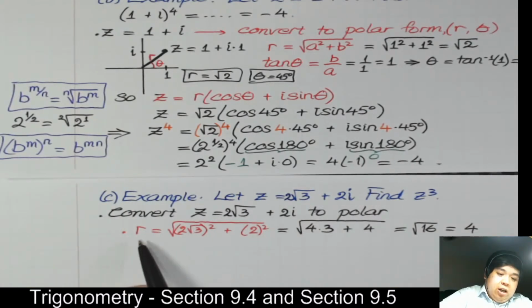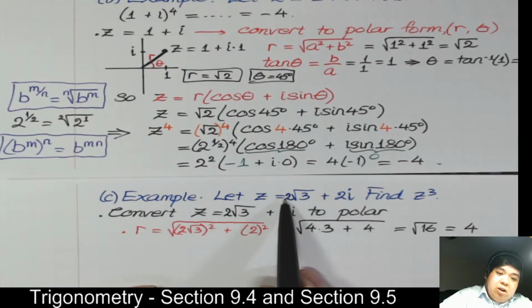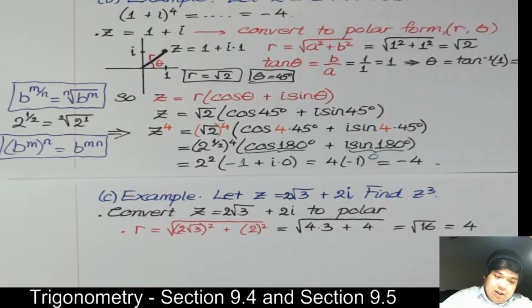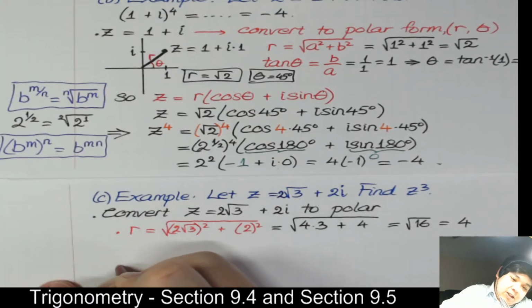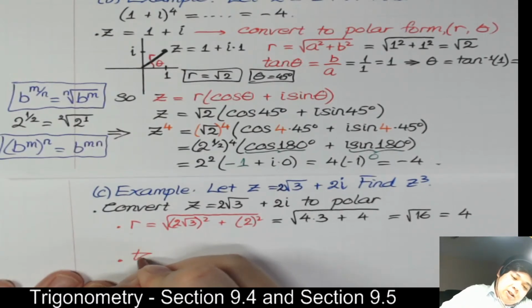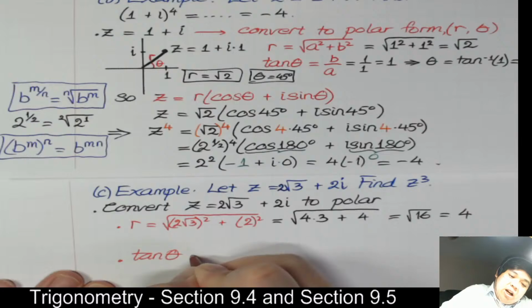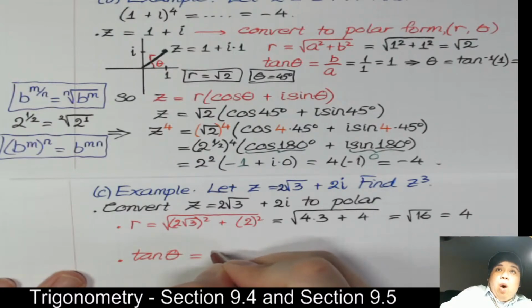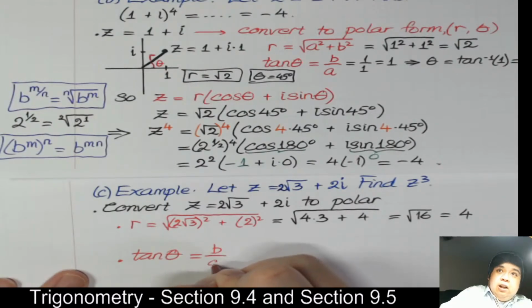So we find the modulus of the complex number that way. Next, tangent is equal to y over x, or b over a.